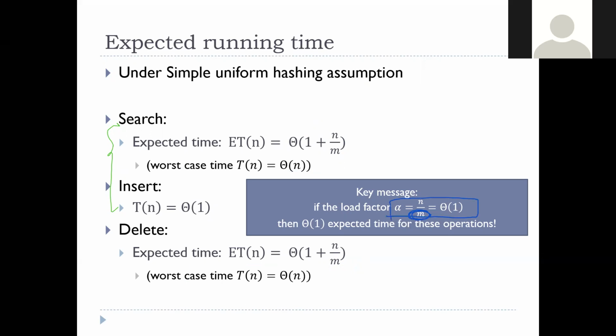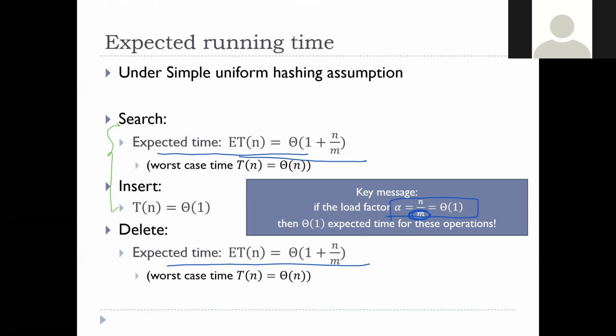Which means that the search time, the membership query, and delete and insert, everything takes constant expected time. That's why in both your homework and the exam, you can assume that the expected time for the three dictionary operations is only constant for a hash table.